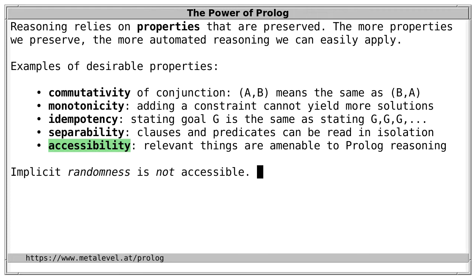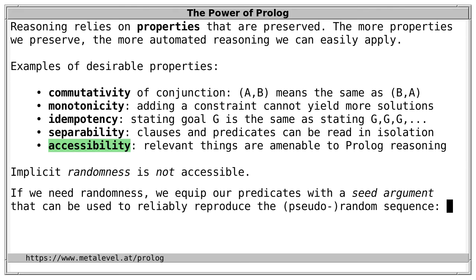And as another example of this, implicit randomness is not accessible. So if we invoke a predicate to generate, for example, a random integer, and there's an implicit state that determines which integer is next, then it means that there's something in our program that escapes Prolog-based reasoning. And the program is therefore no longer entirely logical, but depends on something beside the declarative semantics.